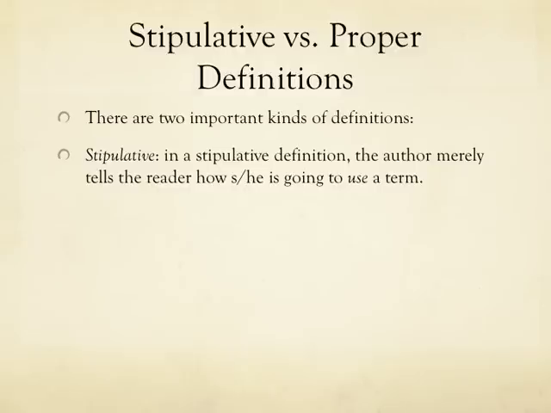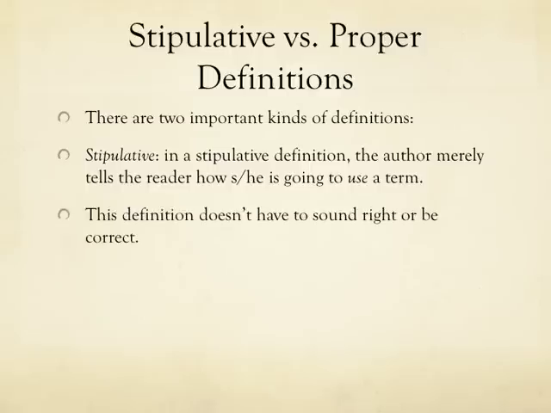And there are no restrictions on this. It doesn't have to actually be correct. It's sort of a personal, subjective definition. Or if you're going to use a term in a special way, then you might just stipulate, for the course of this conversation, for this paper, when I say blah blah blah, it's going to mean this.